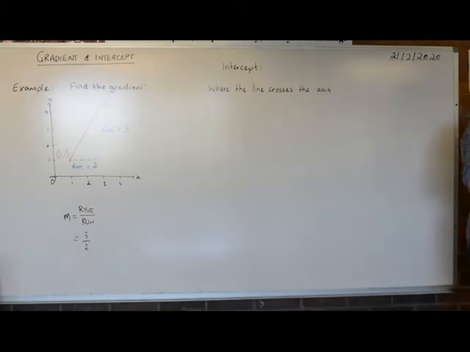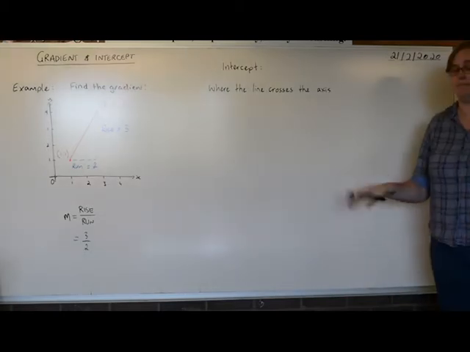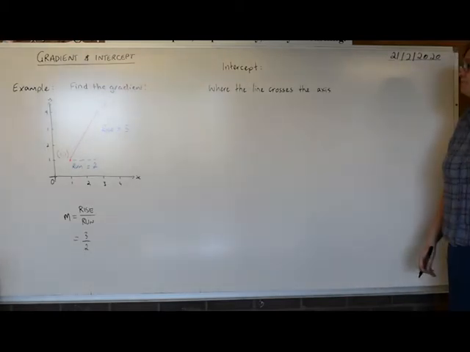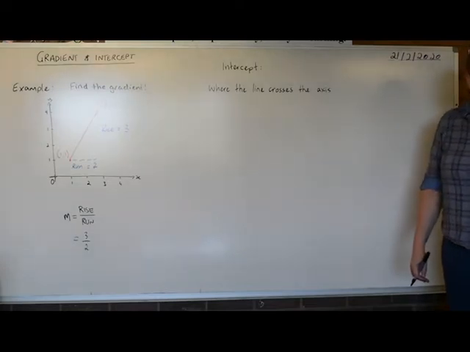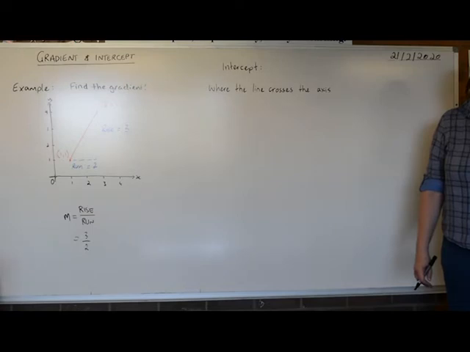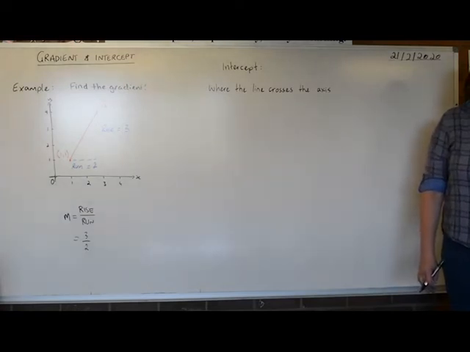Now I haven't specified an axis because you can find a y-intercept and you can find an x-intercept. We're going to be focused on the y-intercepts, but you can find both. Okay? Alright. So that's essentially it. That's the gist of an intercept, is where it crosses the line. So it's where it intercepts the line.